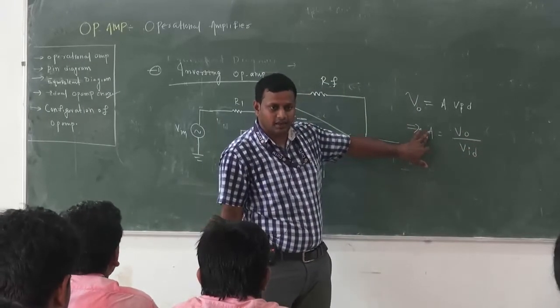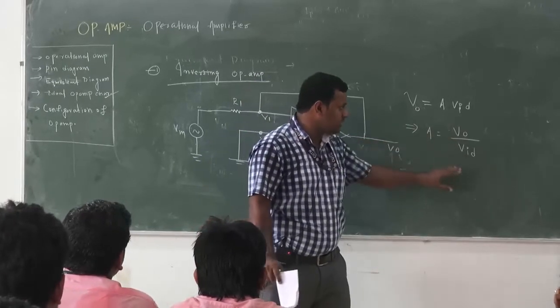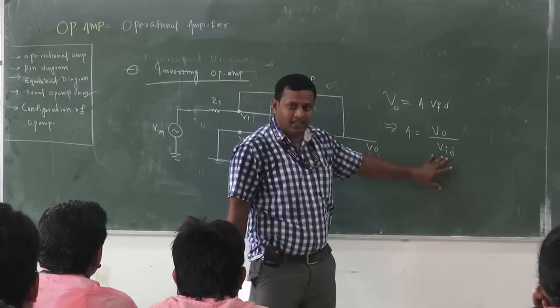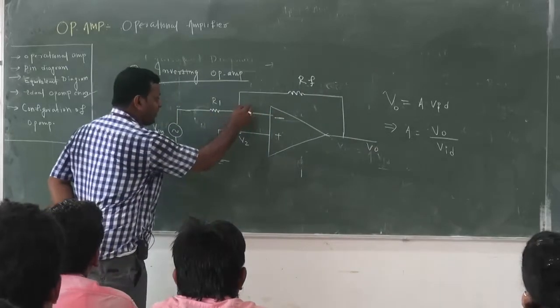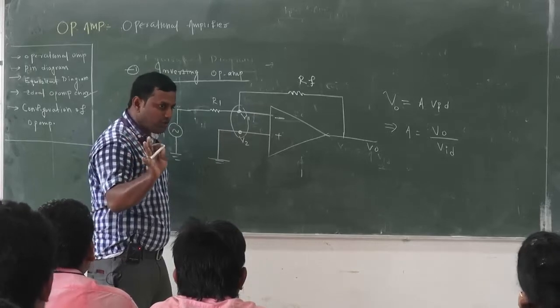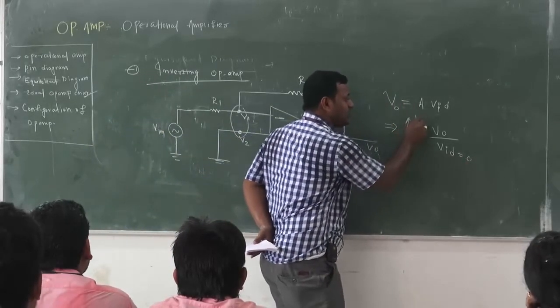Can anybody say? Under what condition in this equation does my A tend to infinity? VID is equal to 0. Right? That means the difference is equal to 0. If VID is equal to 0, then A tends to infinity.